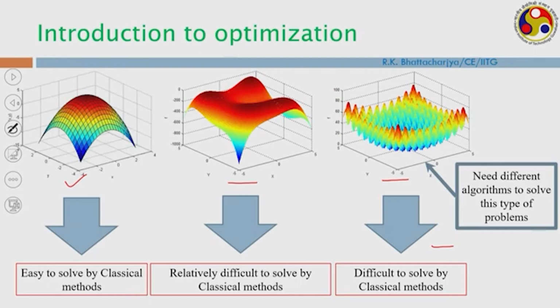So I suggest that if your problem is something like that, then you can apply a non-classical method to solve the problem. Today we will discuss the genetic algorithm. You can apply genetic algorithm, or otherwise, if the problem is easier, like the first and second type, you can apply classical methods.